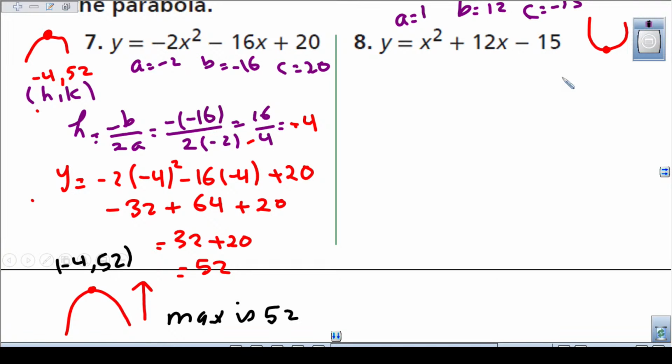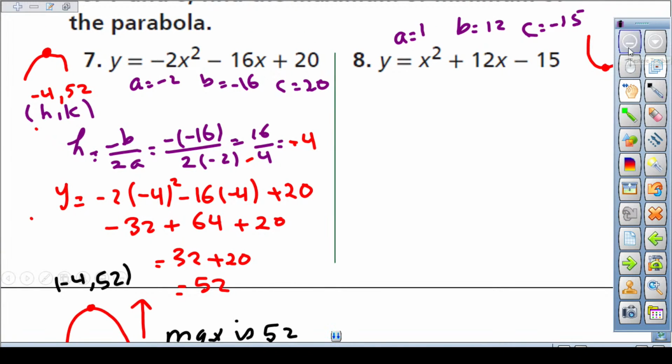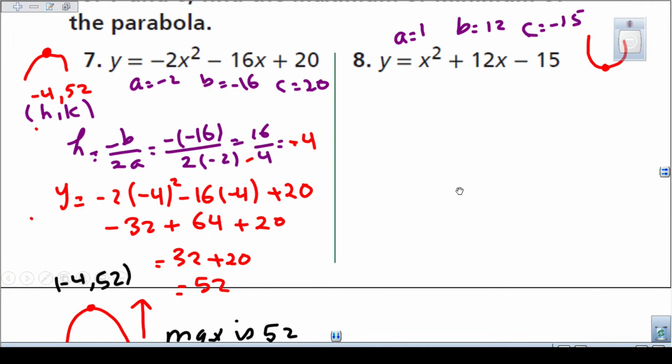Okay, let's do this one here again, and this one is number 8. I need you to do this with me. I'll give you maybe a minute for you to think and set it up. Set the a, b, c, set the h. I'm going to ask some of you to give me some numbers, so I'm going to give you about a minute for this one.